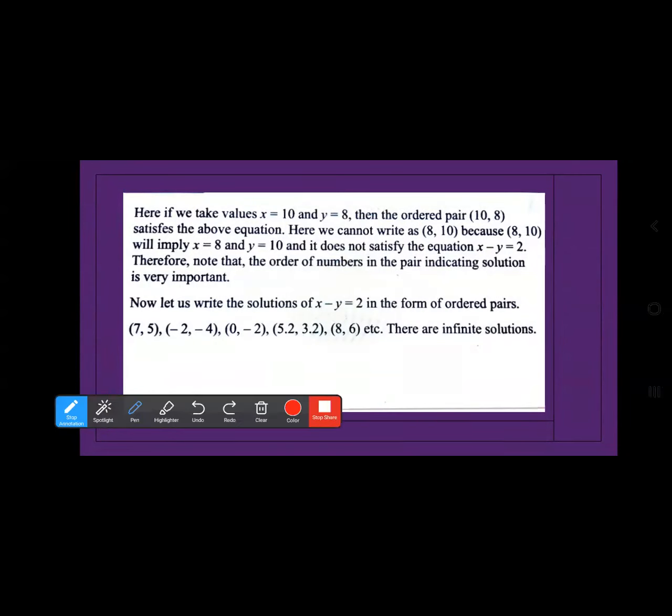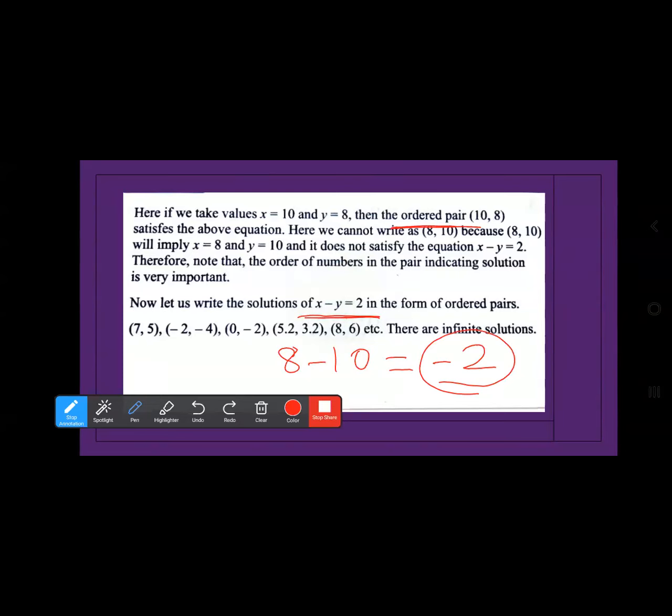Because if I take the value for x as 10, sorry, 8 minus 10, what you will get is minus 2, and in your equation on the right hand side it is 2. So it is very, very important, students, to write the values of the variables in the ordered pair correctly.